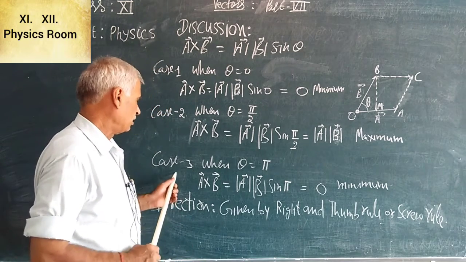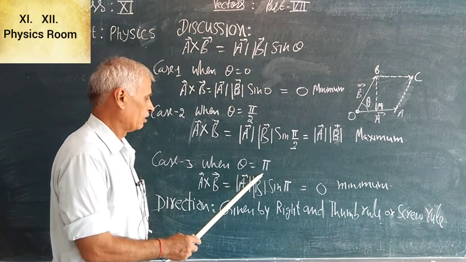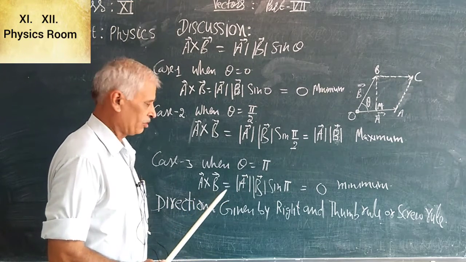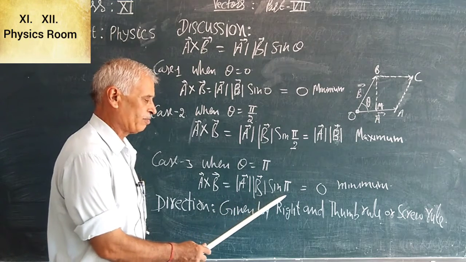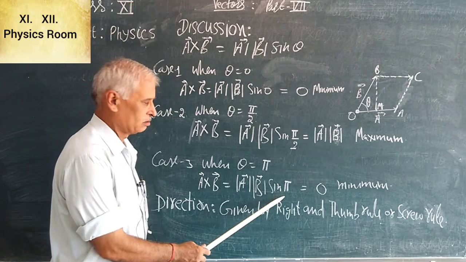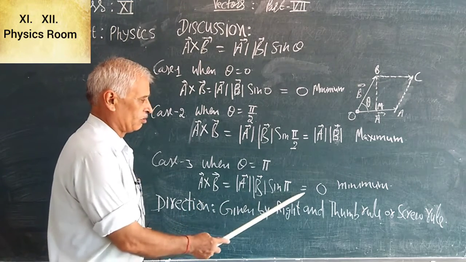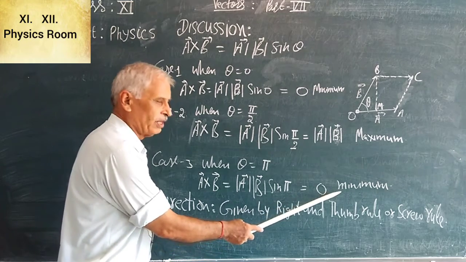Now case 3, when theta is pi, then A cross B is equal to mod A mod B sin pi, and you know sin pi is 0. So therefore, A cross B is equal to 0, minimum.